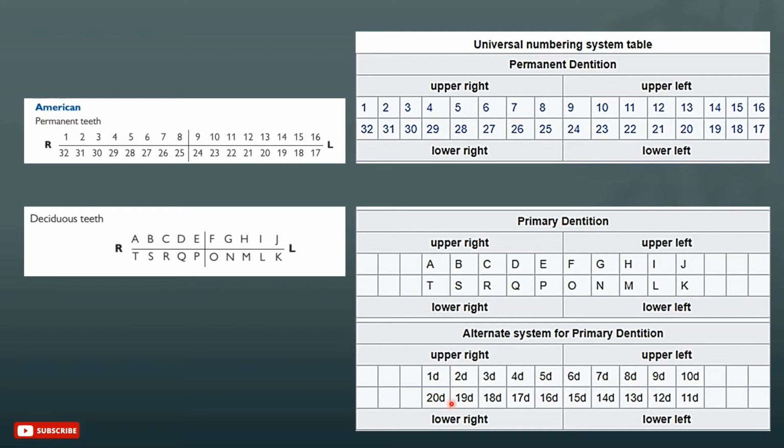But you need to differentiate between the numbers because we use them for the permanent dentition in the system, and that's why the lowercase letter d is written next to the number to indicate that it's primary or deciduous. D stands for deciduous dentition.